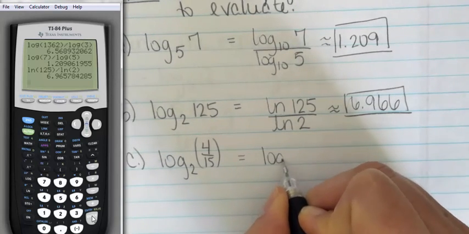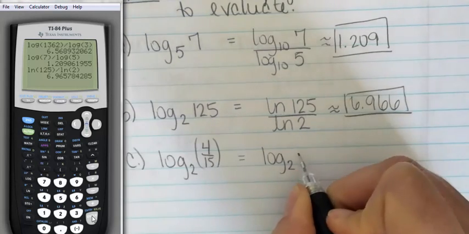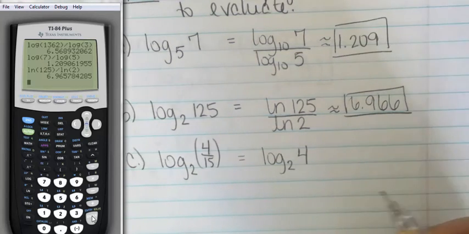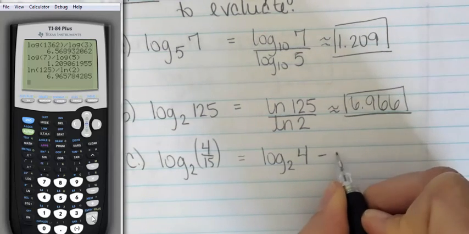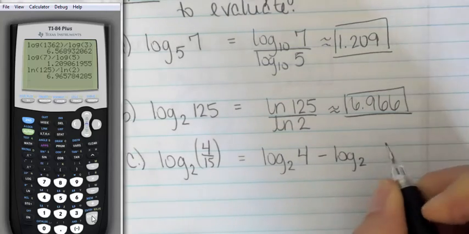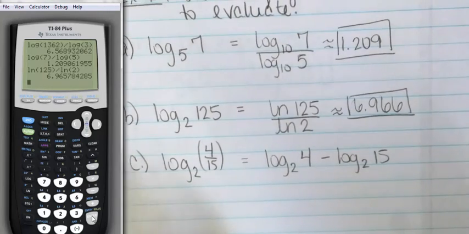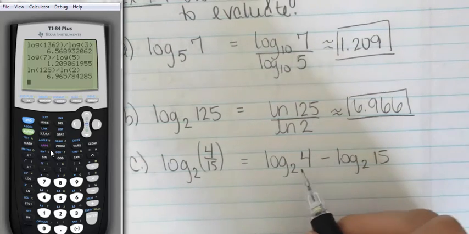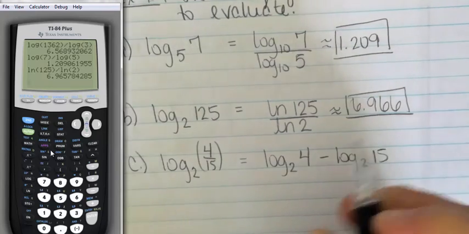So this is going to be log base 2 of the numerator minus log base 2 of the denominator. Okay, so let's see what these give me. So, I can't do that yet. Okay, so now what I need to do is I need to do the change of base on each of these.